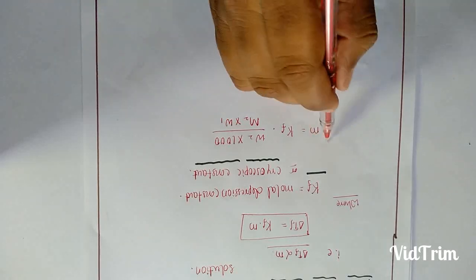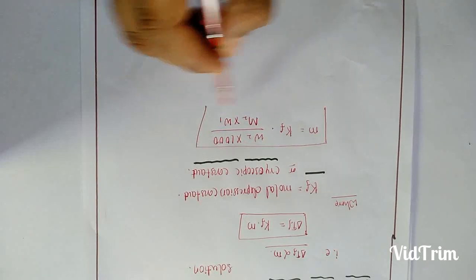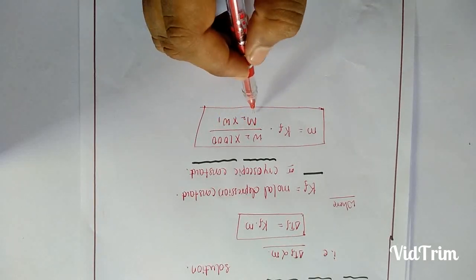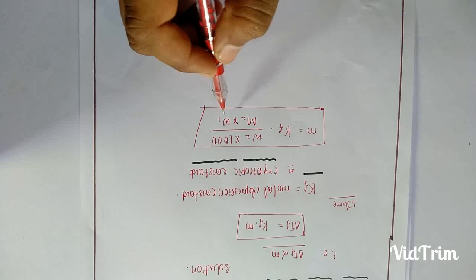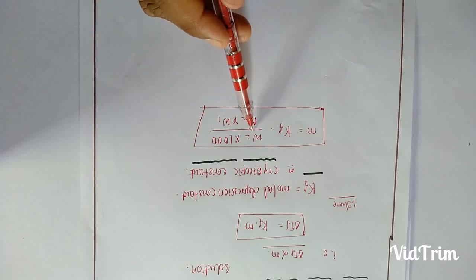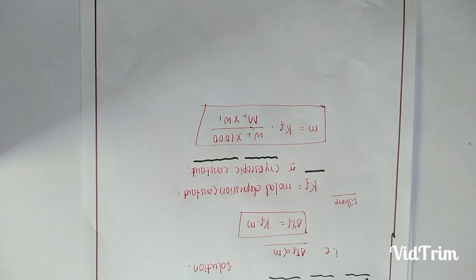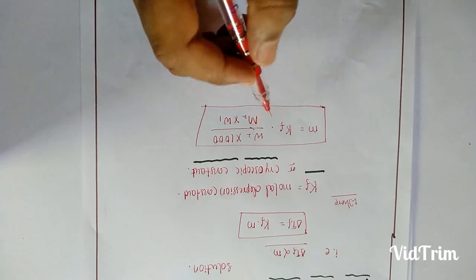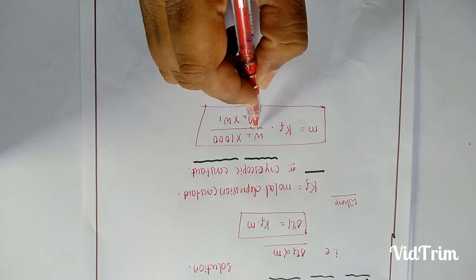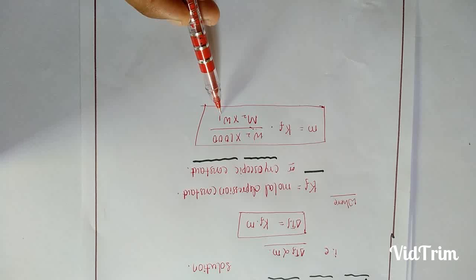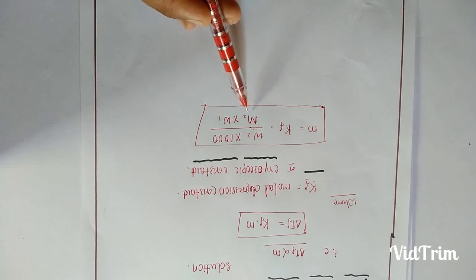You can write it like this also: delta TF is equal to KF into W2 into 1000 divided by M2 into W1. Here W2 means mass of solute in gram, W1 means mass of solvent in gram, and M2 means molar mass of solute.